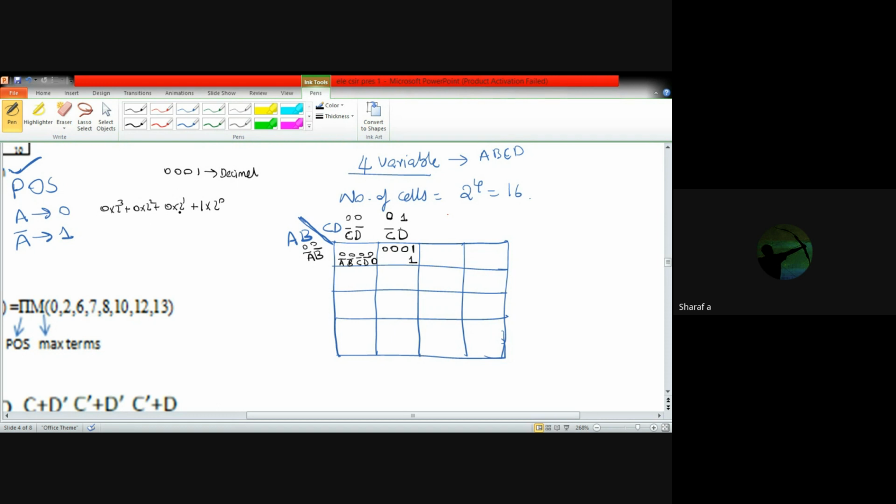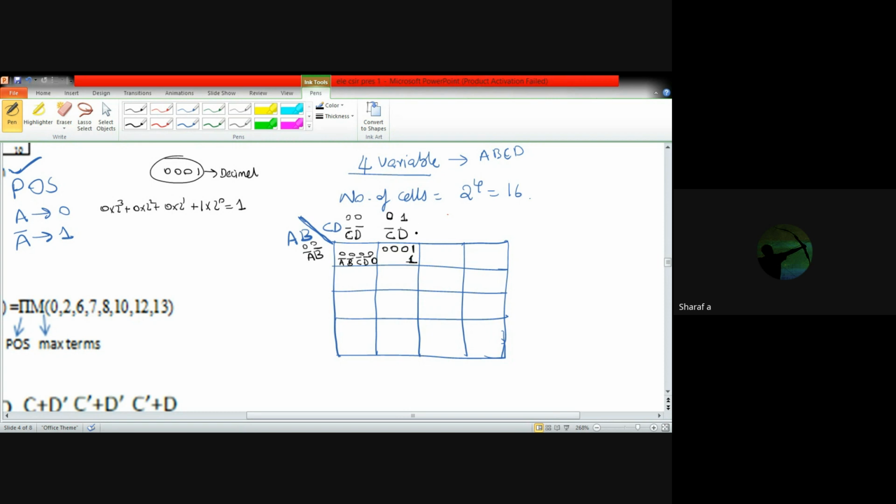All of these are 0, only this remains. 2 raised to 0 is 1, so 1 into 1 is 1. So the decimal equivalent of this expression is 1. Then this cell will have address 1. I hope you understood this.